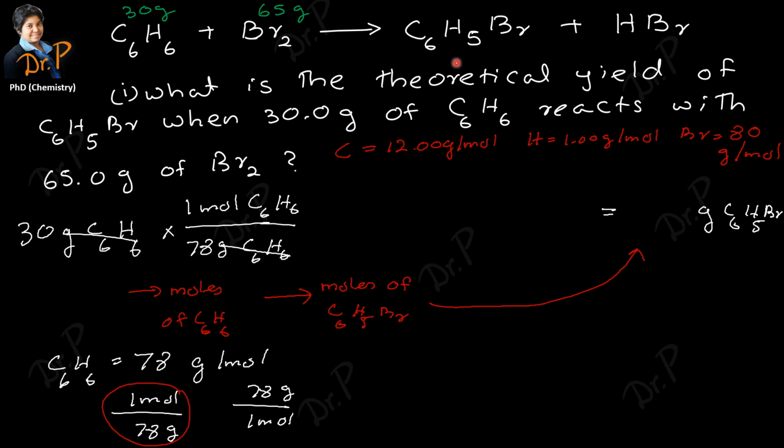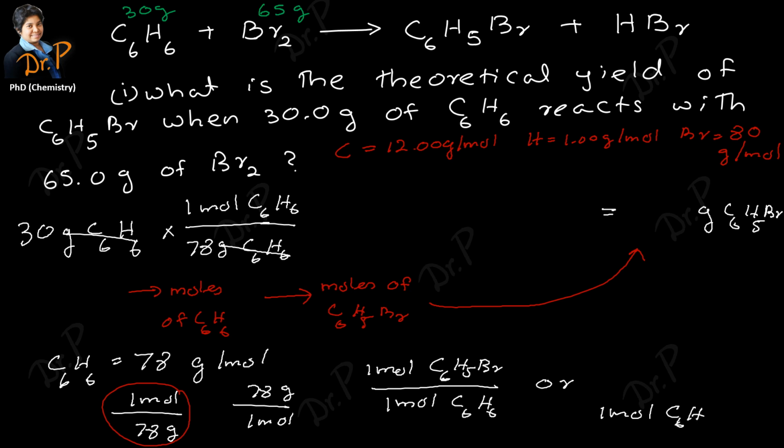I can use that also as a conversion factor: 1 mole of benzene gives 1 mole of bromobenzene, or 1 mole of C6H5Br is related to 1 mole of benzene.